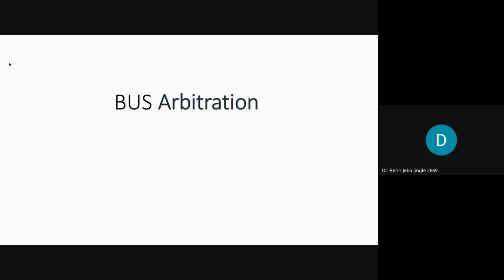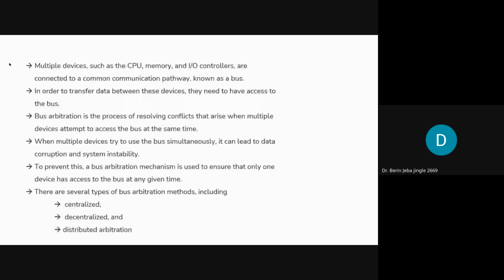The system bus has three components. What are the three components? Data line, address line, control line. How this data can be transferred over the system bus, we can see using this bus arbitration.